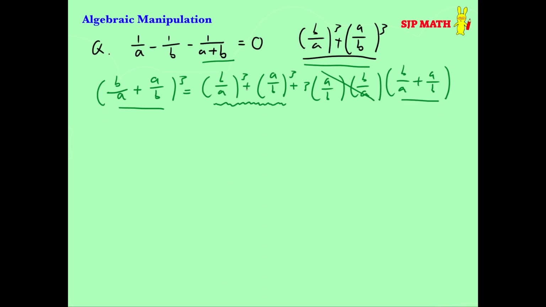So maybe if we used this identity in the previous problem, it might have been faster. But yeah, if we caught that, then good job. We can clearly observe that this identity provides an easier way for us, because we just have to find b over a plus a over b.